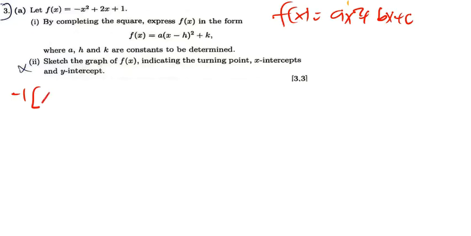Then if I divide negative 1 into positive 2x, it gives negative 2x. I divide negative 1 into positive 1, it is negative 1. Why am I doing this? If I multiply this by everything inside, I should go back to that. Okay?